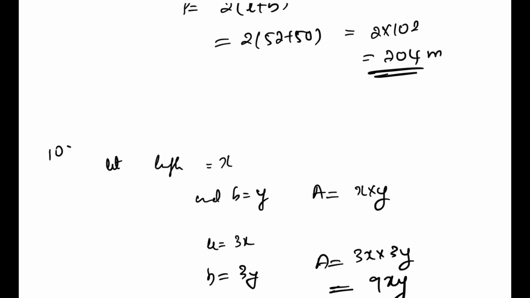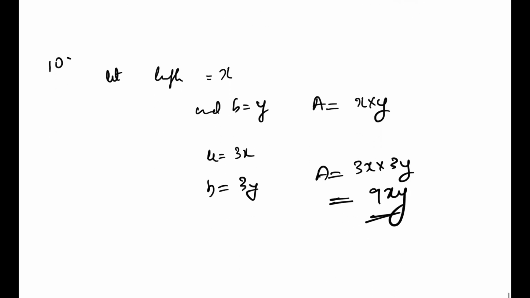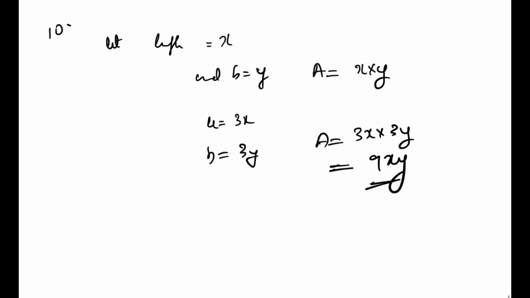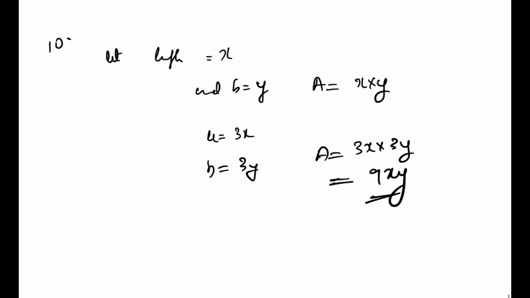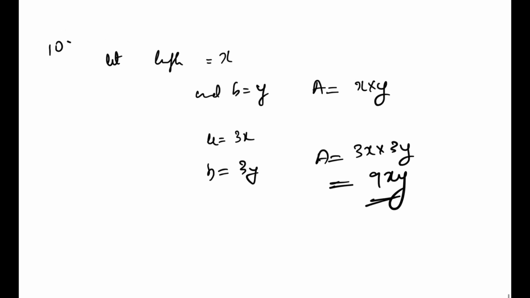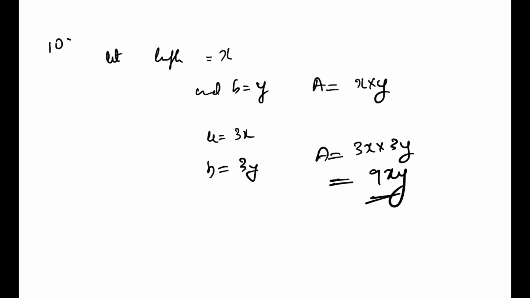So what will be your final answer for that? Trebled means you might be hearing that word for the first time. Doubled means they make double, right? Trebled means area will become 9 times of what it is already. So 9xy, initially it was xy, now it became 9xy.